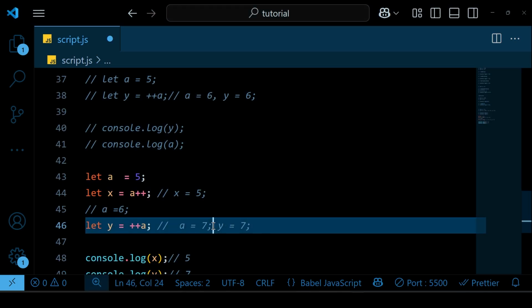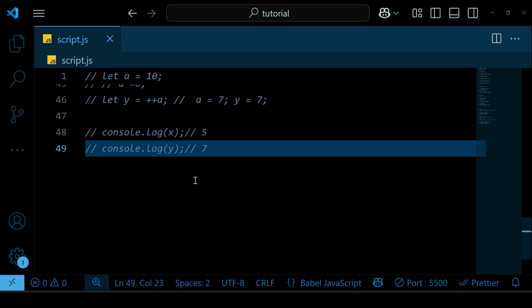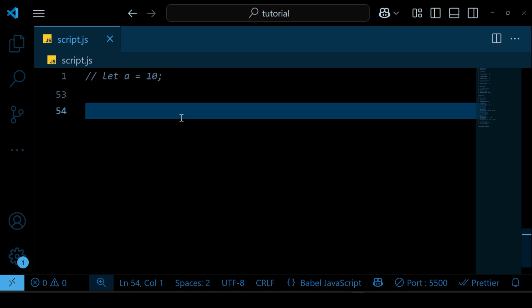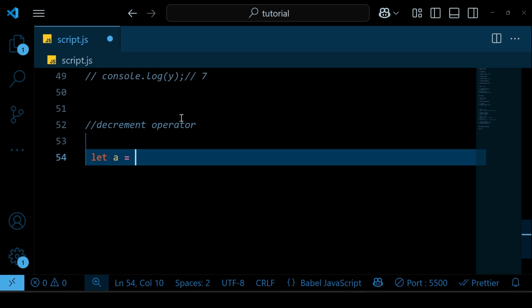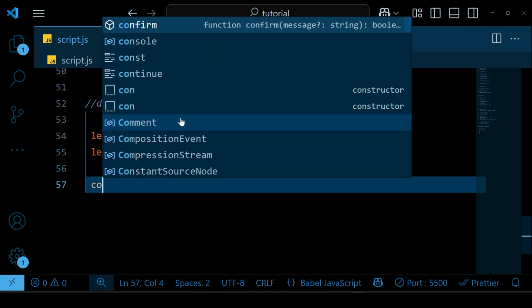Now let's understand our decrement operator. This time again, let's have a basic example. Again, a is 5, and let's say y is simply minus minus a.